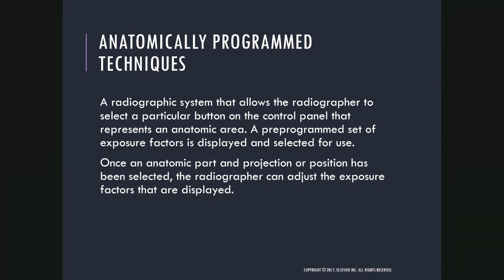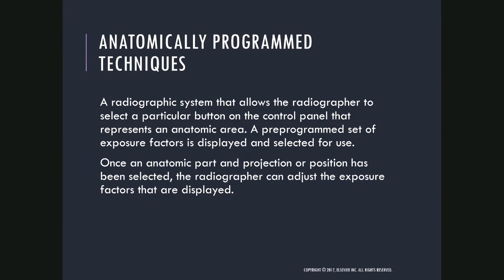Like I said, you guys have seen these other places that you've been, but your anatomically programmed techniques allow you to select a part, your anatomy, and a technique automatically pops up. The portable machines, the GE portable machines that you guys see in a lot of places, are an example of that also.